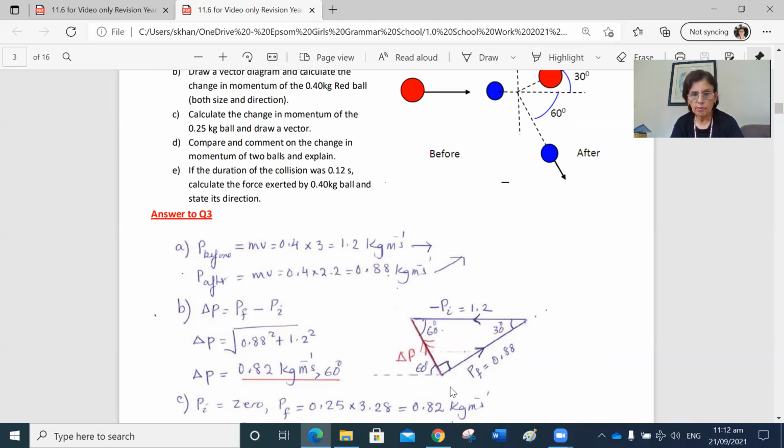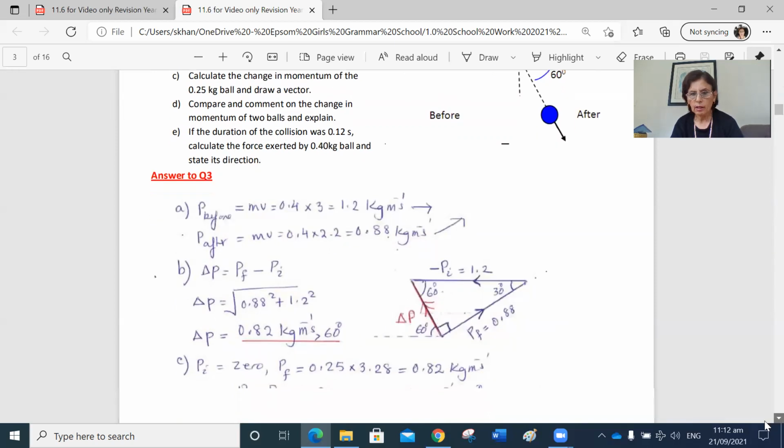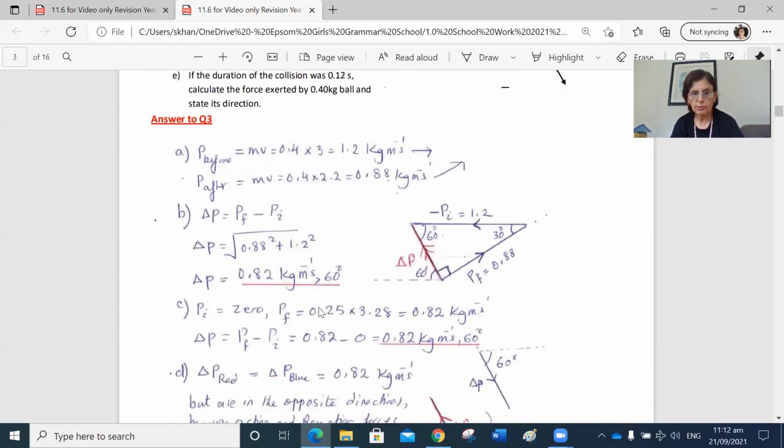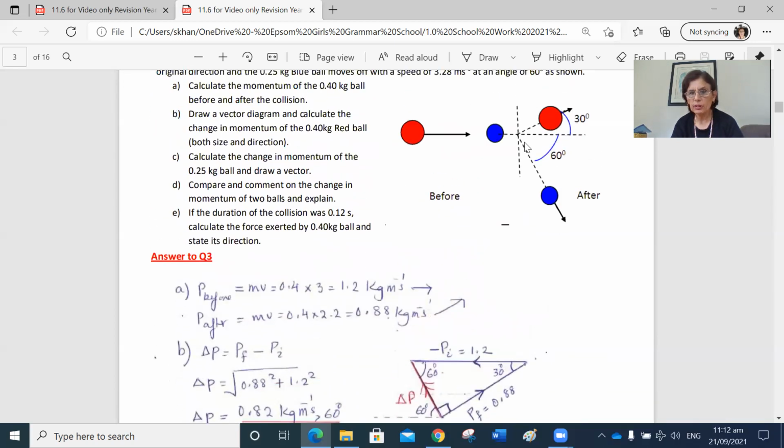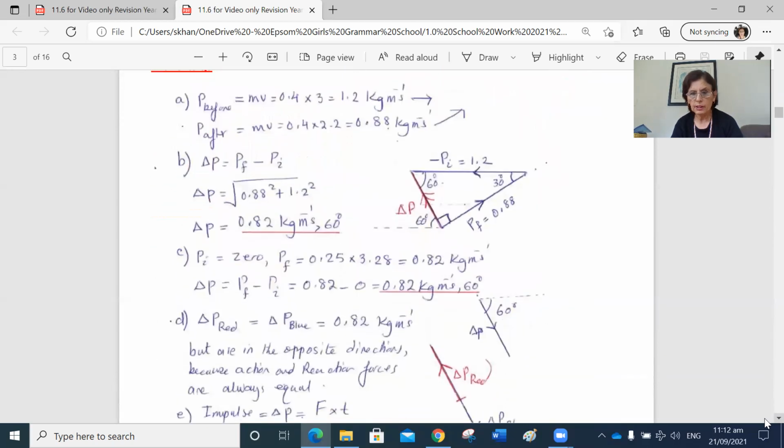This vector over here gives us the change in momentum of the red ball, and we can use Pythagoras and geometry to find its size. Now the blue ball was initially stationary, and after the collision it moves in that direction, so the change in momentum of the blue ball will be in that direction, shown by this vector over here.